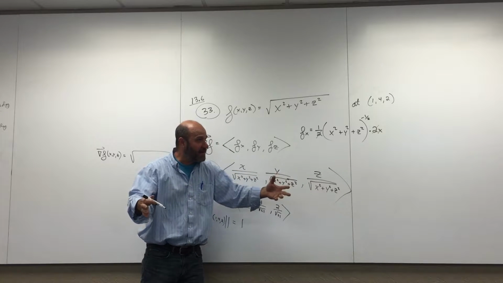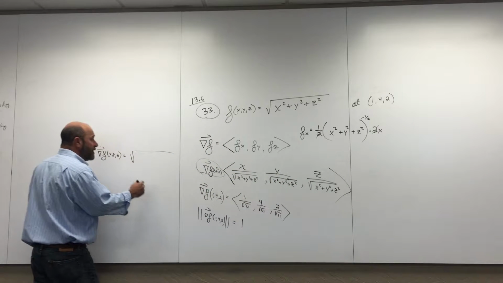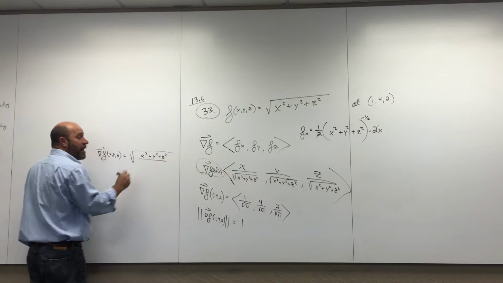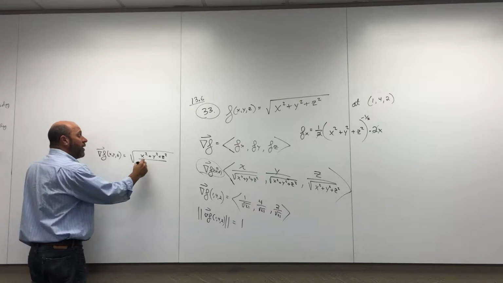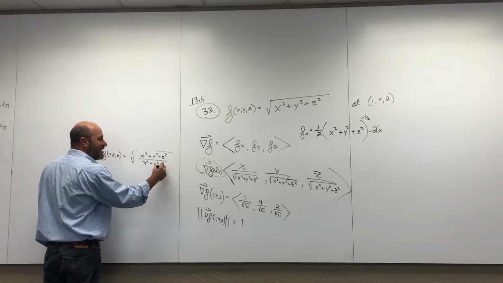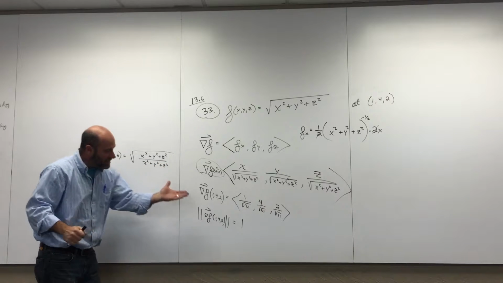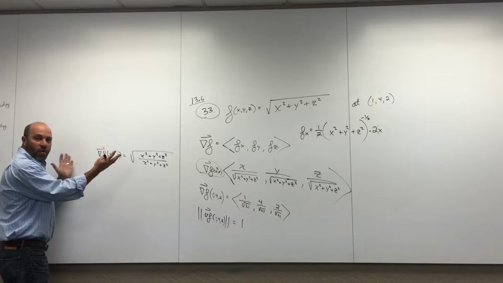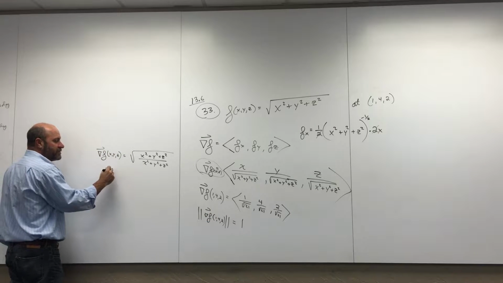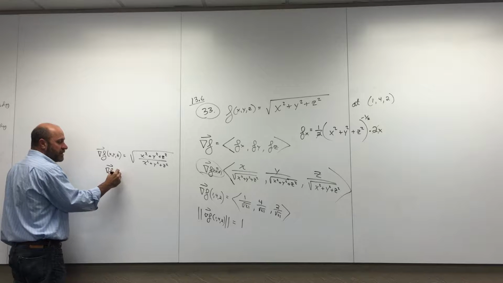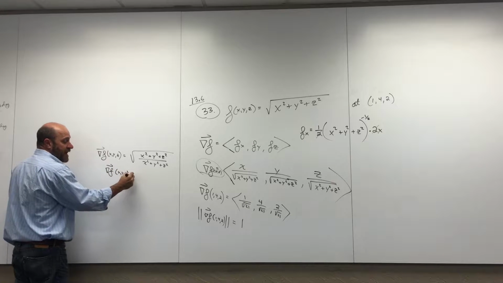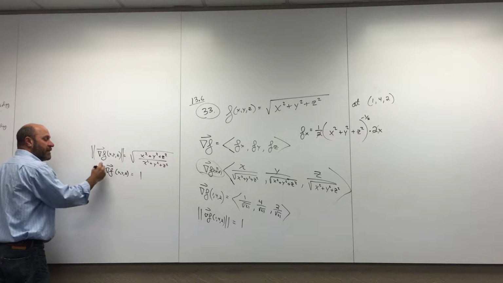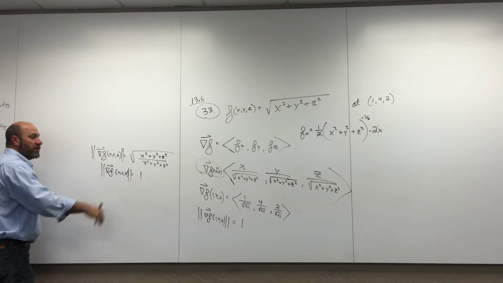So they all have a common denominator. When you add it up, your numerator will be x squared plus y squared plus z squared over the common denominator, which is x squared plus y squared plus z squared. So it wasn't that it equaled 1 only at this point. Actually, it equaled 1 in general. This gradient always has a magnitude of 1.